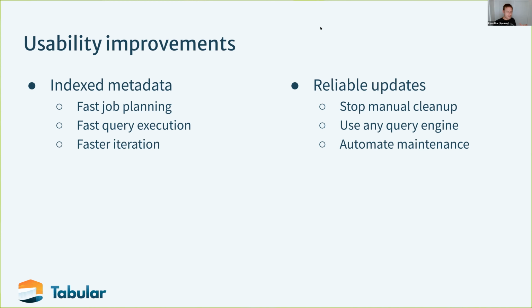But solving reliability, Iceberg really unlocked this situation where we can use any query engine and use them in parallel. So this is really quite nice. You can use Flink to write data to a table. You can use Spark to maintain it and do maintenance procedures on it. You can write your own data services that operate on data in a table.